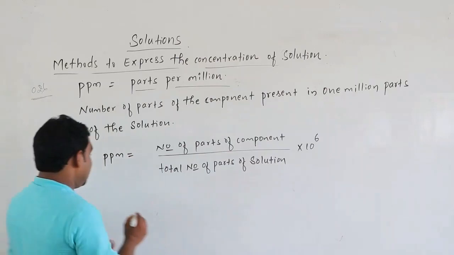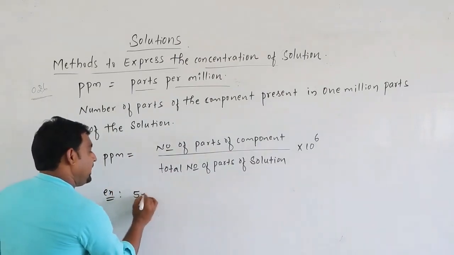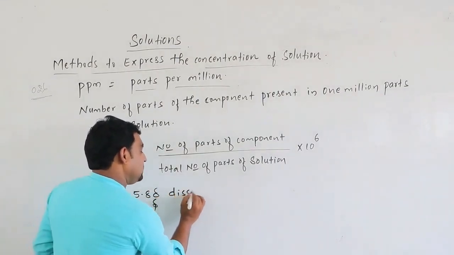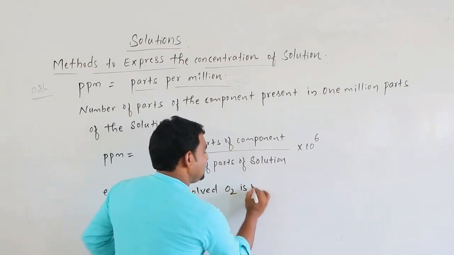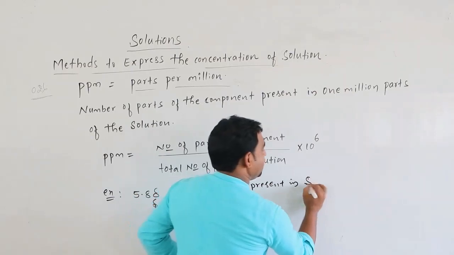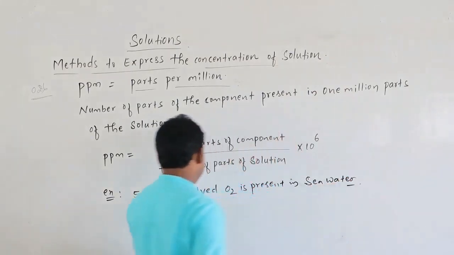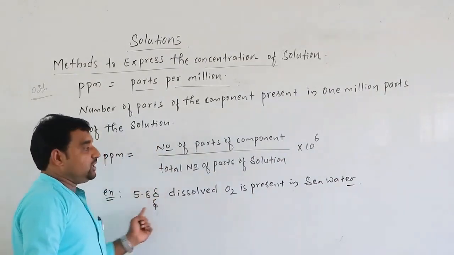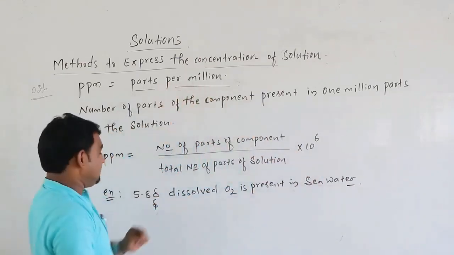For example, 5.8 grams of dissolved oxygen is present in seawater. It means a very small quantity of oxygen is dissolved in the seawater, and that can be expressed in terms of parts per million.